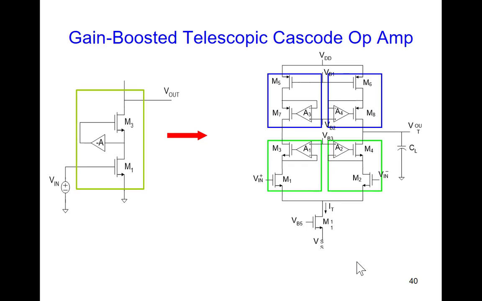Well, here's our gain boosted telescopic cascode op-amp. Create our quarter circuit. Here's the quarter circuit. Replace N's with P's, P's with N's. Put them together, form a half circuit, fold it over, get the full circuit, and bias the tail with your choice, a current source or voltage source.